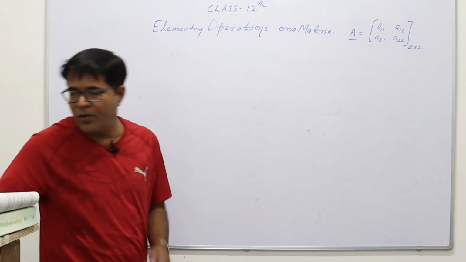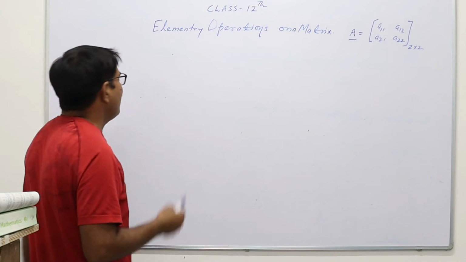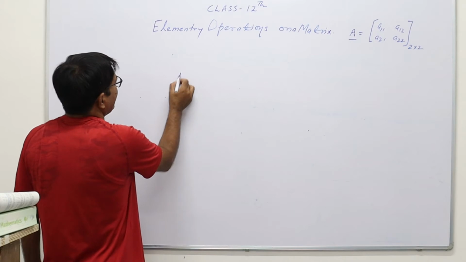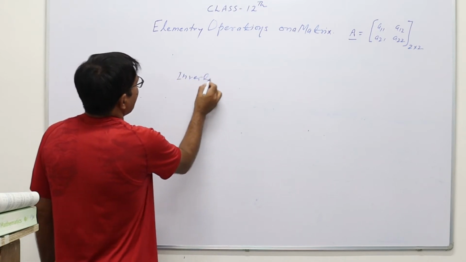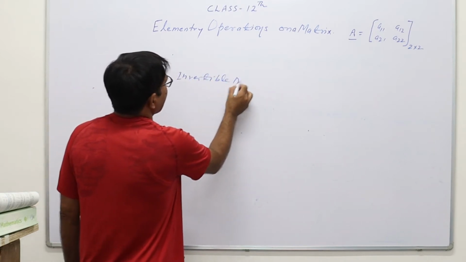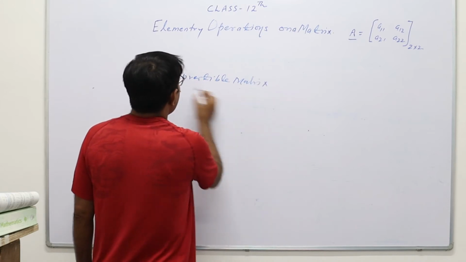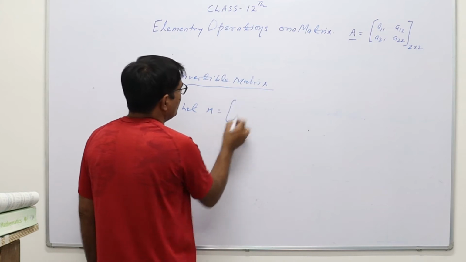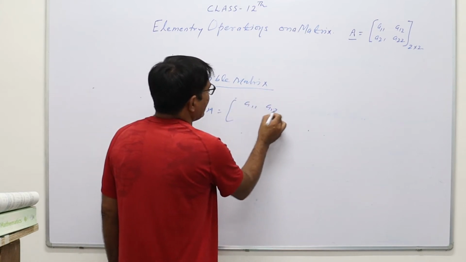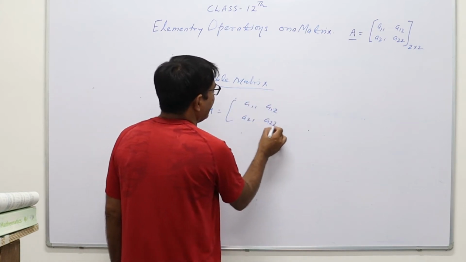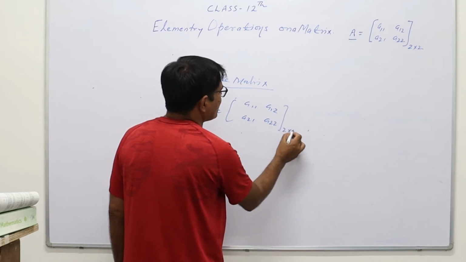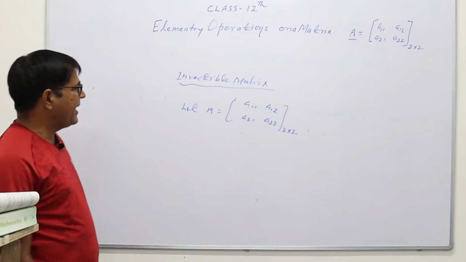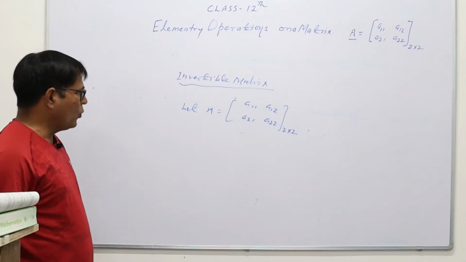So what do you understand by inverse of a matrix and invertible matrix? So the next topic is invertible matrix. Invertible matrix means let A equal A11, A12, A21 and A22. This is any given square matrix, and generally we are considering the square matrix of order 2 cross 2.